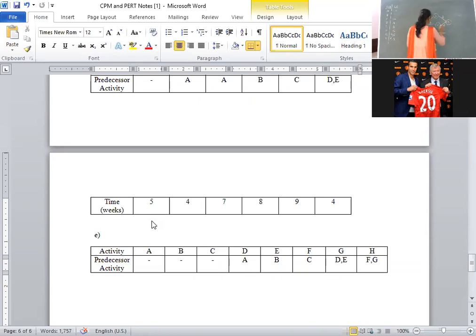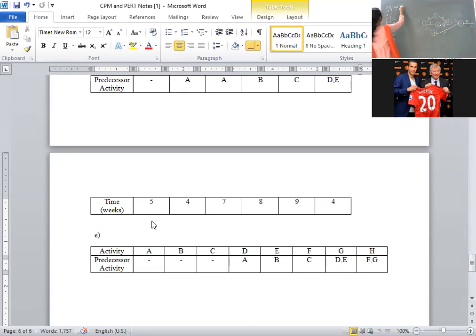Right now, F and G is completed, then only the activity H. Here I cannot draw the curve like this. That's why I have to draw a straight line. This is F. F and G is completed, then only H. This is H. What is your end node? End node is H. This way you have to draw the graph.